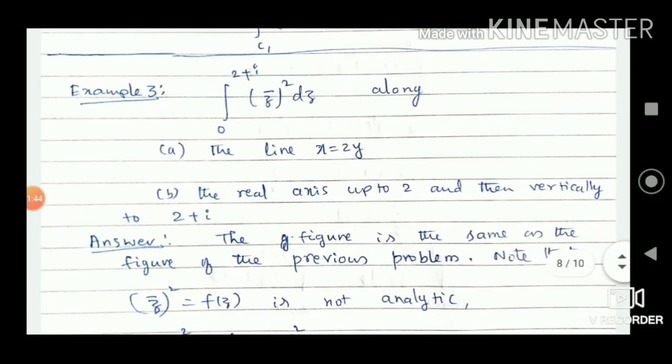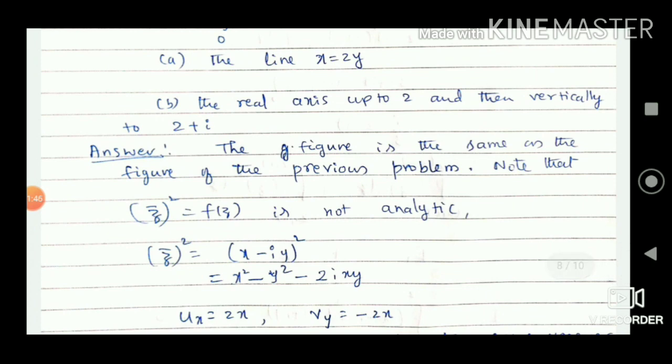Z bar the whole square. First let us see that z bar square is not analytic. Why is it so? Let us see what z bar square means. Z bar is x minus iy. Its square gives you x square minus y square minus 2i xy. If I take the partial derivative of u, that is x square minus y square, with respect to x, the x square derivative is 2x, the y square derivative is 0.